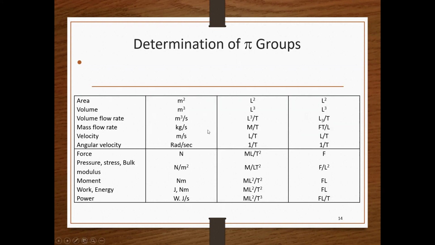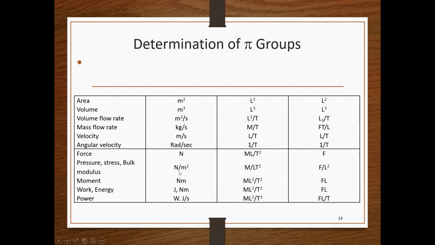Mass flow rate, kilogram per second, is M over T or FT over L. Velocity, meter per second, is L over T in both. Angular velocity, radian per second, is 1 over T in both. Force is ML over T squared, or F.